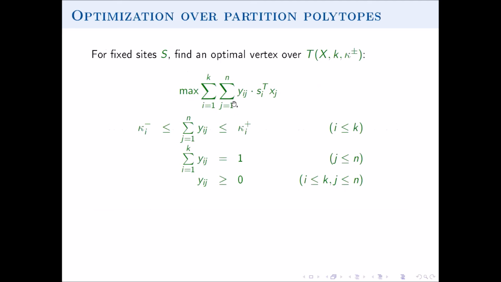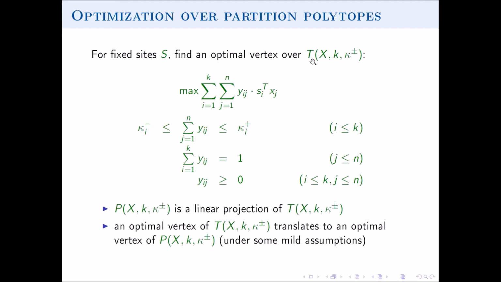Now, the algebra for optimizing over this partition polytope, which is given just as a convex hull and is not in a good form for working with it, is done over the transportation polytope that corresponds to it. And I know that there are many people here who like extended formulations.